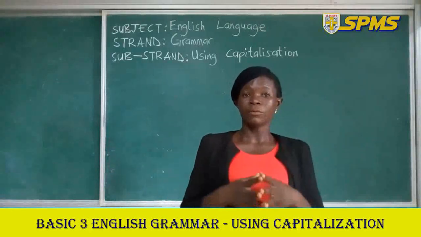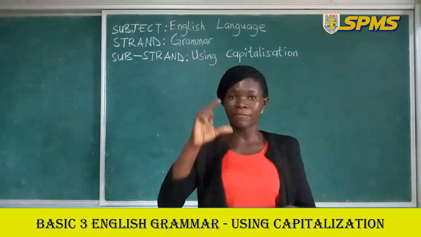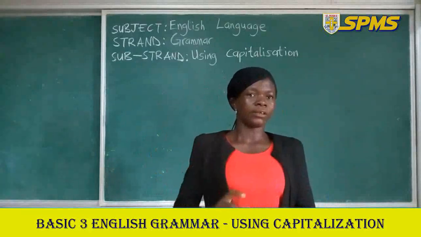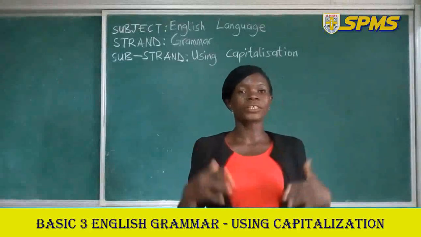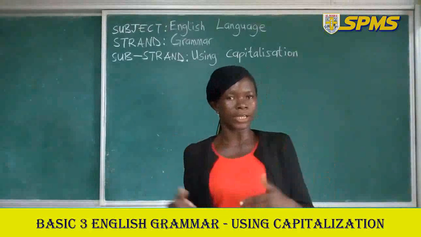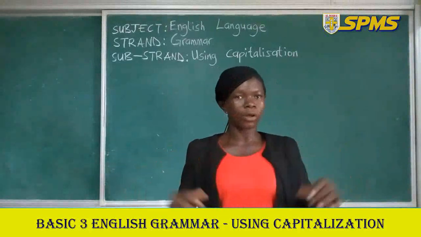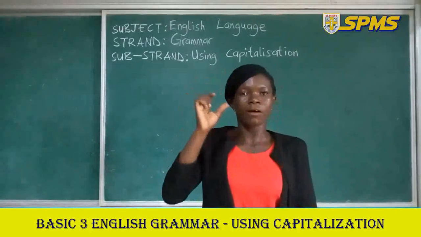Some words, we write the initial. We learn from the keyword that initial means the first letter of each word. So if we have, for example, World Health Organization, and we don't want to write it in full, we can shorten it by writing the first letter of each word.